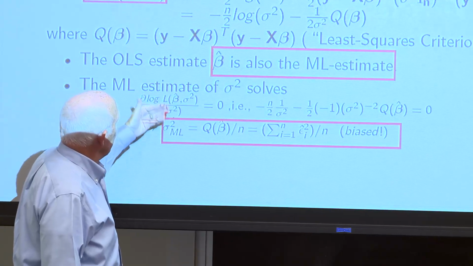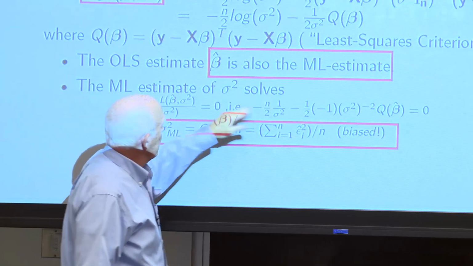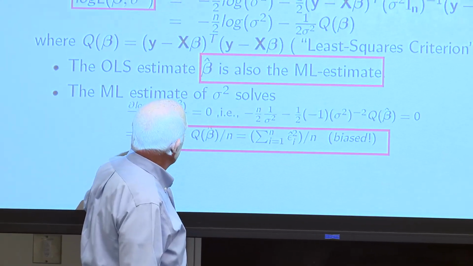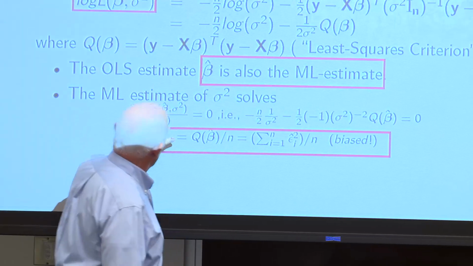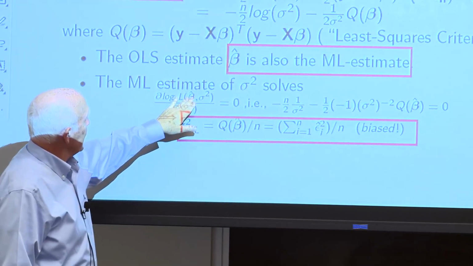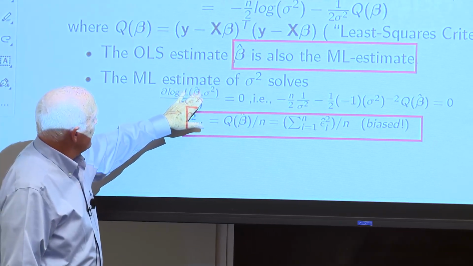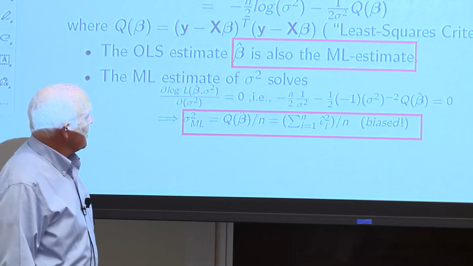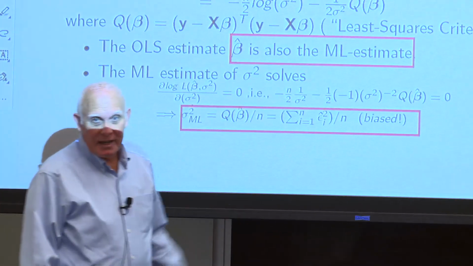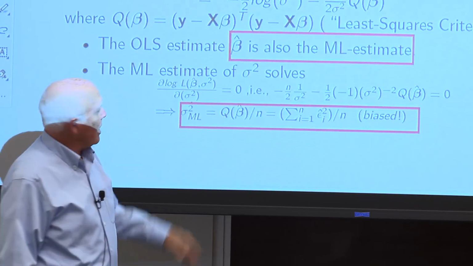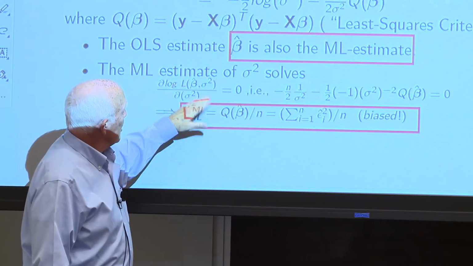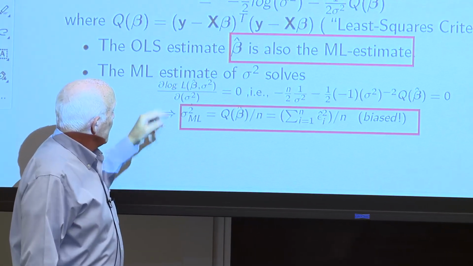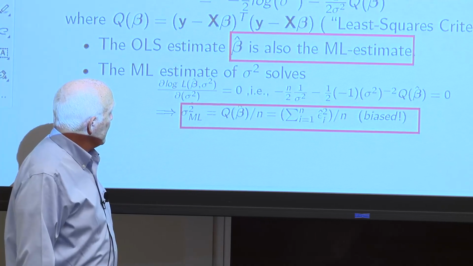We can just maximize this partial likelihood with beta fixed at beta hat over sigma squared, and that turns out to be a very easy computation, calculating the first order equation for the log likelihood.